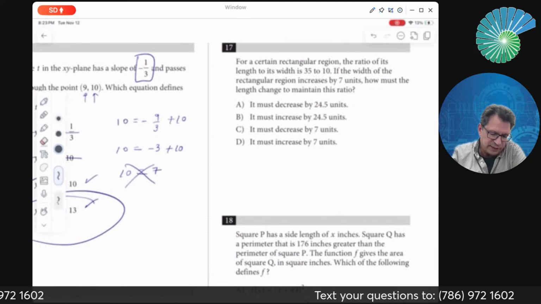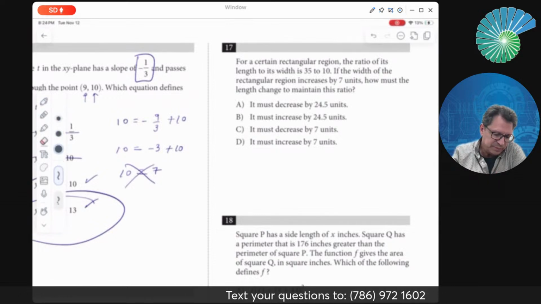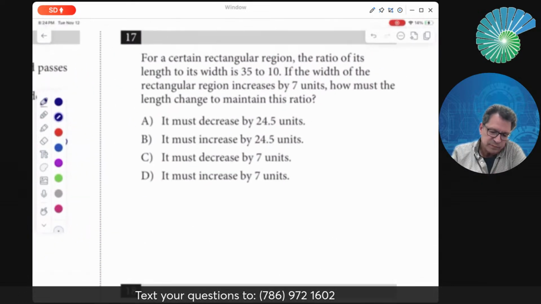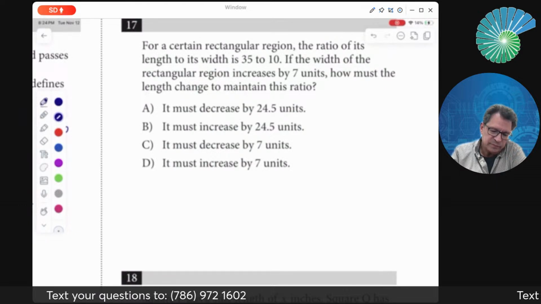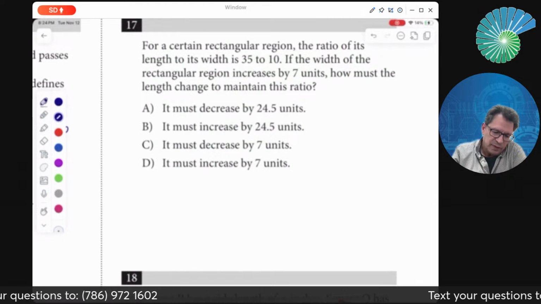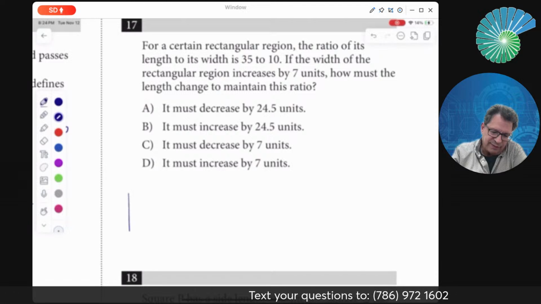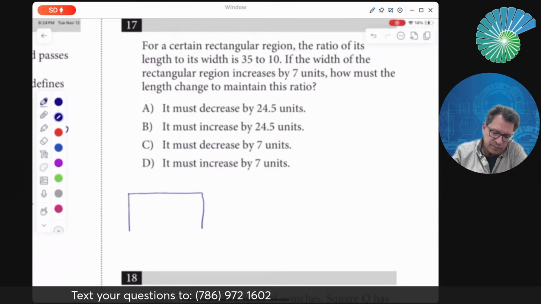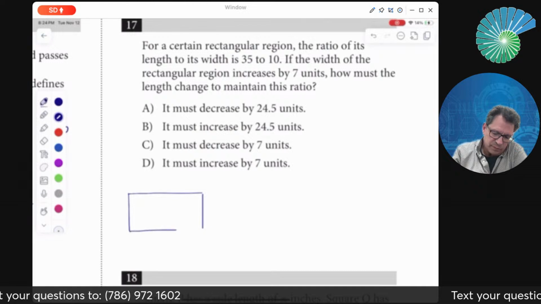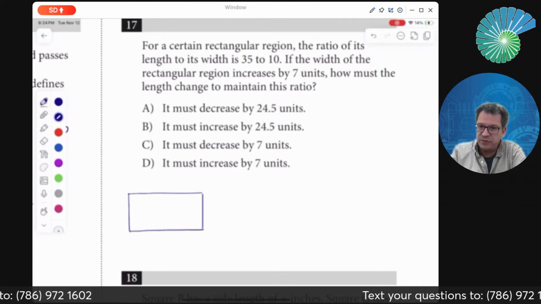Let's try number 17. For a certain rectangular region, the ratio of its length to its height is 35 to 10.